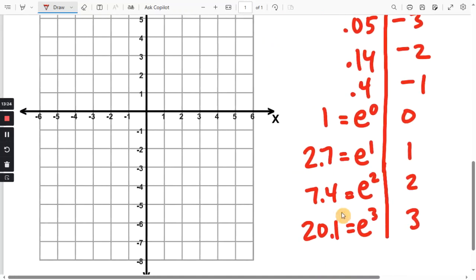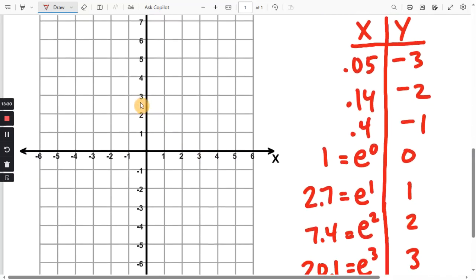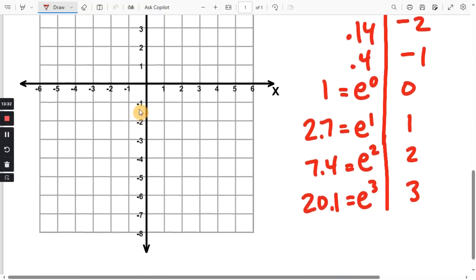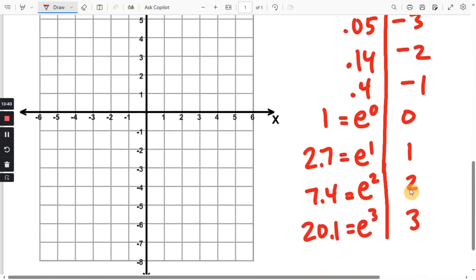Okay, so at y equals 3, which is right here, it's off the charts. It's already at x equals 20. So at y equals 3, that is way out here. At y equals 2, x is 7.4. So at y equals 2, here's 7, there's 0.4 right there.